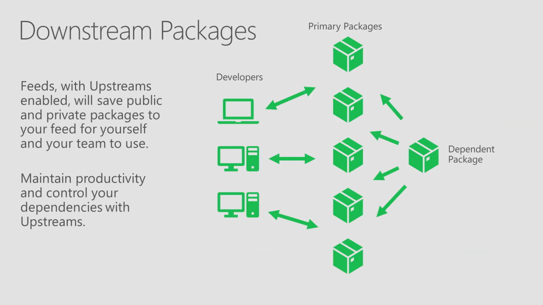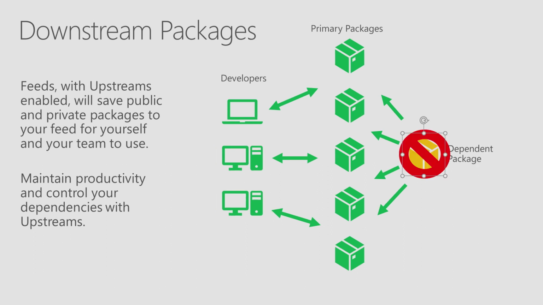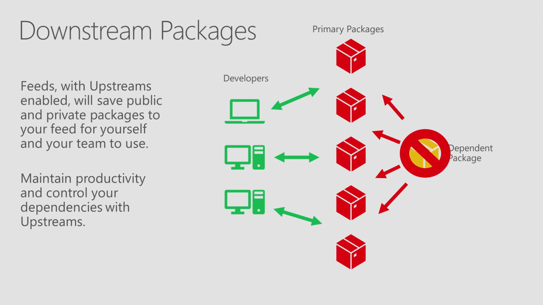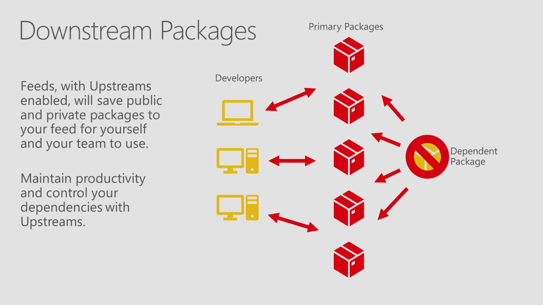Another example is much more interesting. Two years ago, a popular package was a low-level dependency for many packages in use today. The package owner pulled that package, causing upstream issues for packages listing it as a dependency. Thousands of packages and thousands of builds were impacted by this.